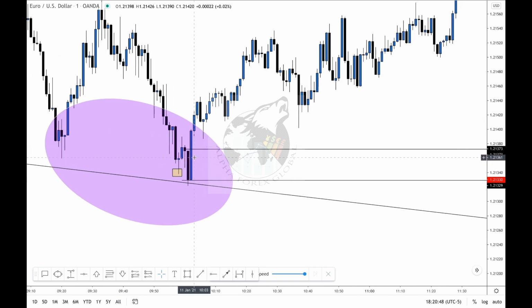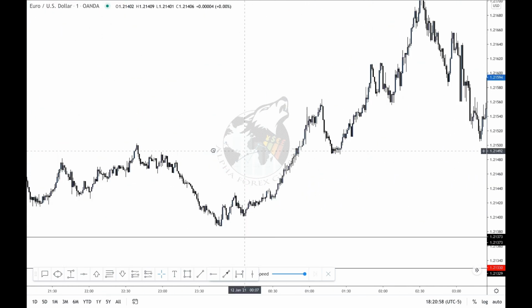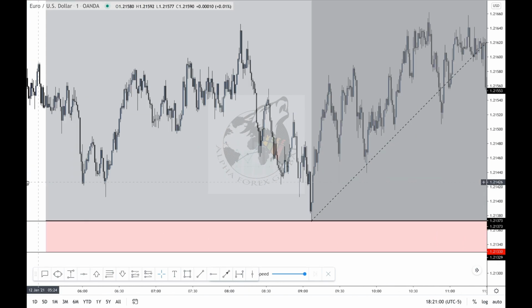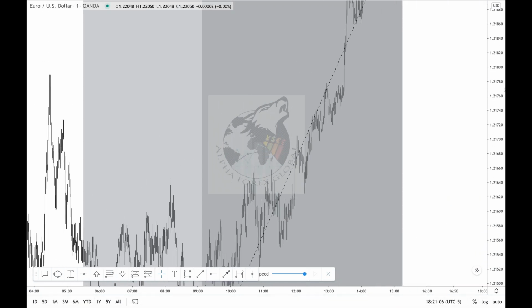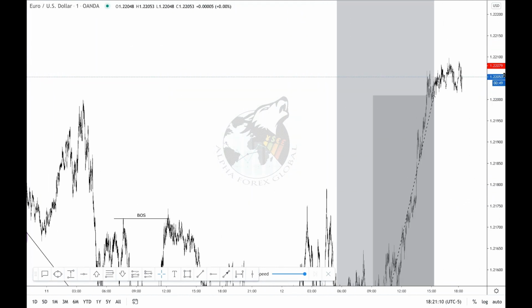So this right now would be my entry once price taps back to collect or close their orders on this order block right here. That would be my entry, right? And notice how price came back and tapped the 0% and then went off. We're currently at about 70 pips in profit.